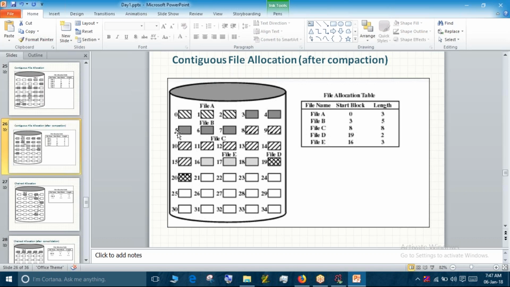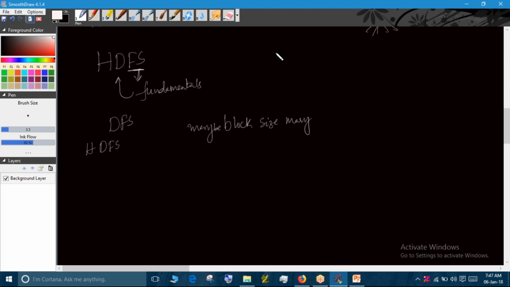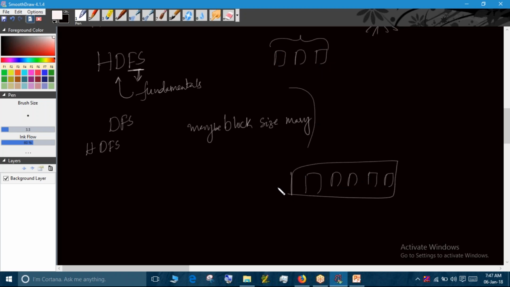If I want to store some additional content to my file A, then all the 3 blocks which are there, this entire data needs to be copied into a new location somewhere, plus I get additional 1 or 2 blocks. It is something like copying that existing data to a new place and appending the new data, and all will be together at one place, and then I delete my old one and the new one becomes the current one.